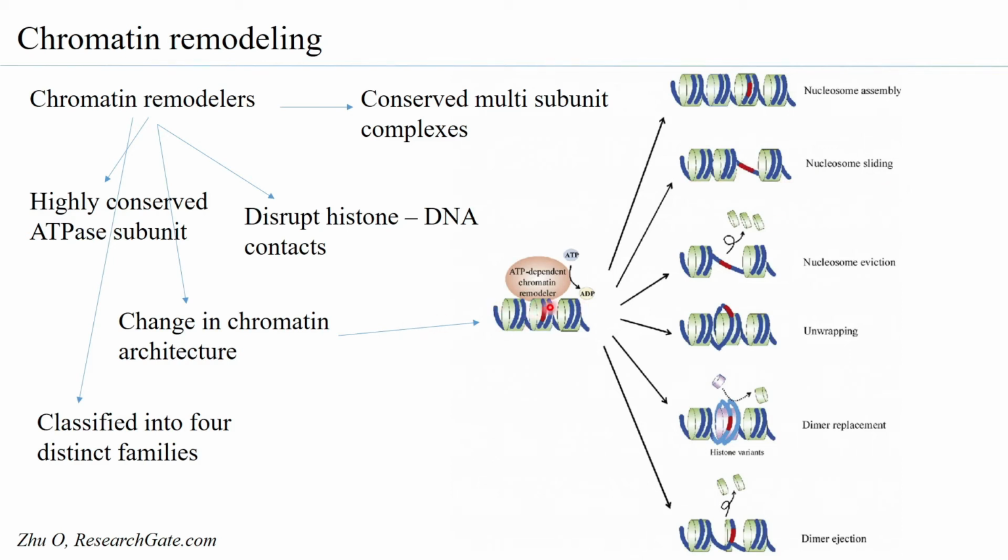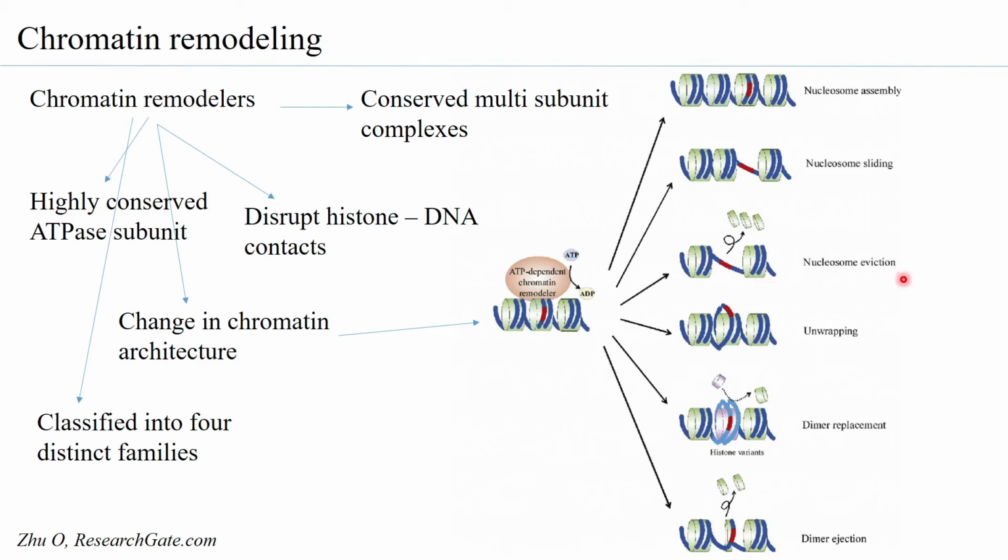So one point is that the remodeler can make the DNA compact. The second is that it can change the position of the nucleosome, which is called nucleosome sliding. Or it can remove the nucleosomes completely from the DNA. If it removes the nucleosome core particles completely, you can see how much of the DNA gets exposed, and this exposed DNA is now accessible to all other non-histone proteins.